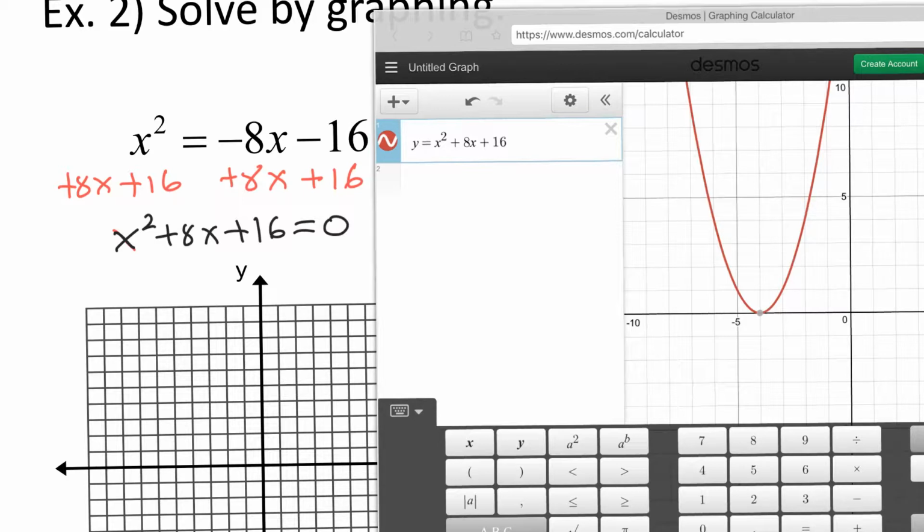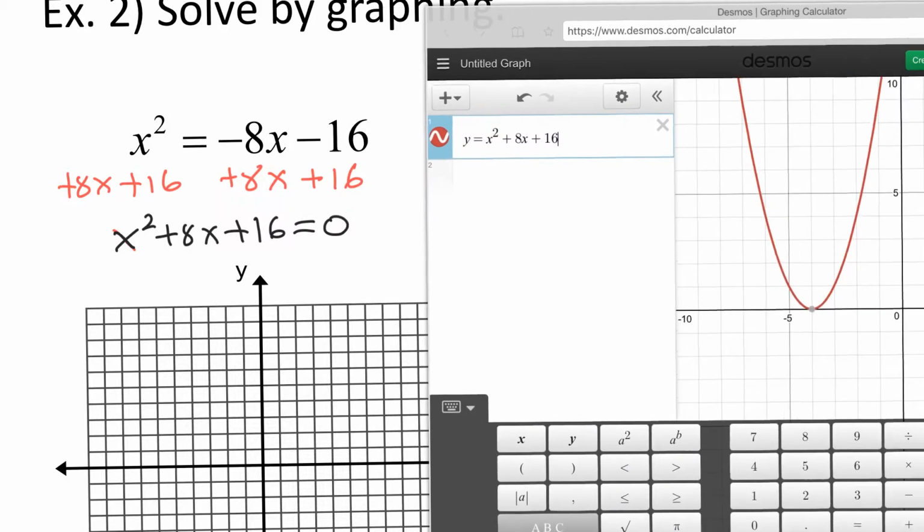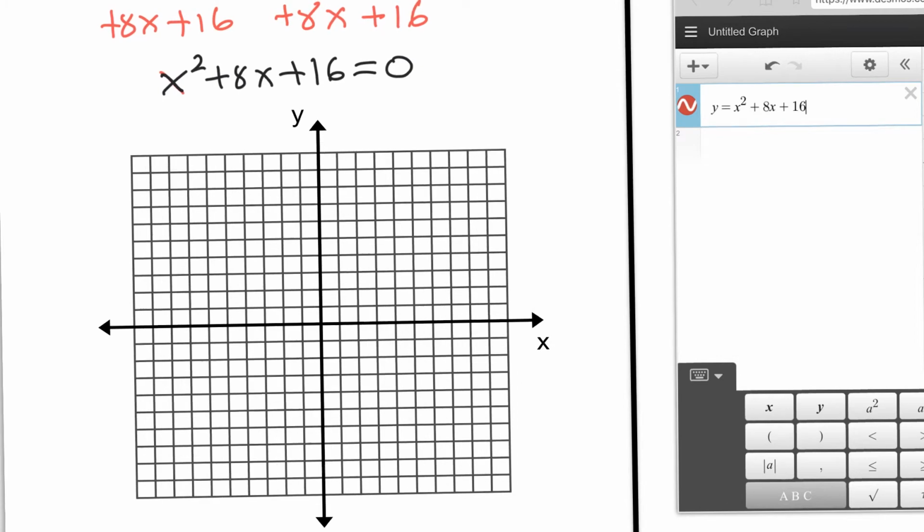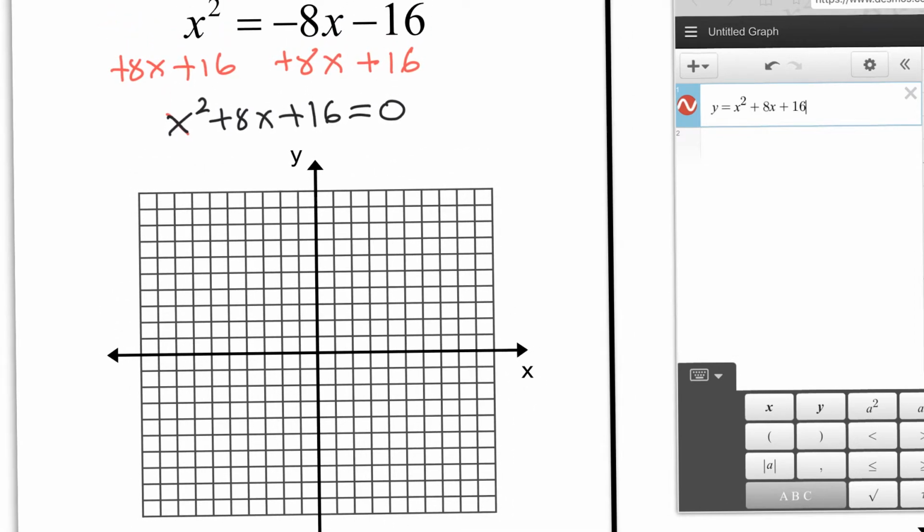So let me just move this on the side, and I'm going to start doing the parabola on the actual graph here. So let me go back to my graph. We notice that the parabola crosses at x equals -4. So I'm going to put the point again, 1, -1, -2, -3, -4 is right here, x equals -4.